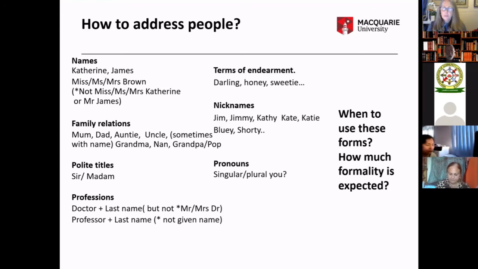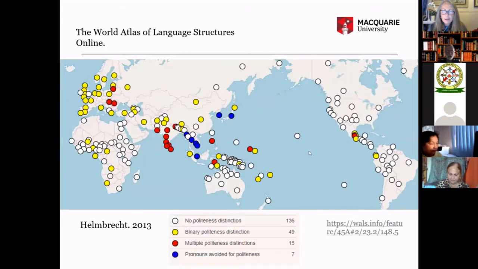The singular and plural you, just for a bit of background information, the languages of the world do this in a variety of ways. So if you'd like to have a look at this little diagram I've got on the screen, it's not organised by where the languages are spoken. Languages spoken in most of Australia have no politeness distinction between the singular and the plural pronoun.